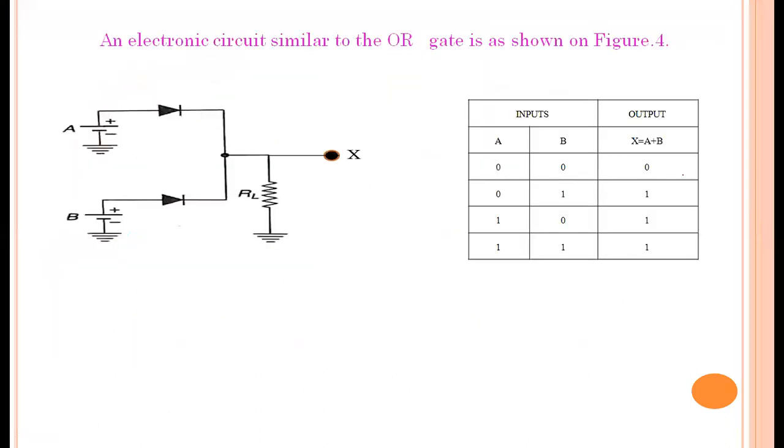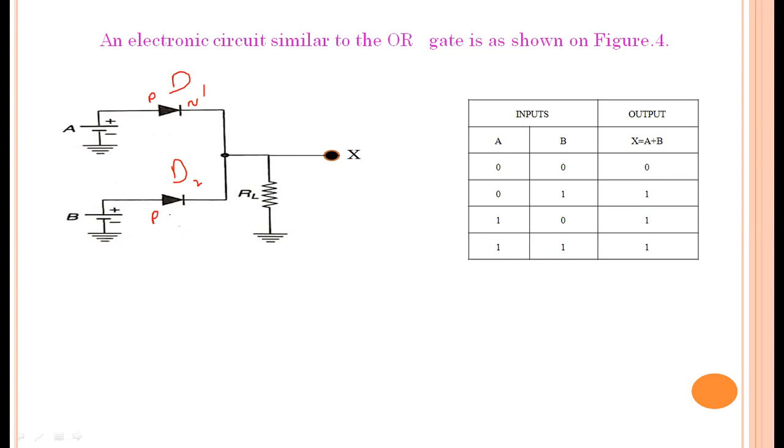Similarly, we can construct an electronic equivalent circuit of the OR gate by using two junction diodes. This is junction diode D1 and this is junction diode D2. We know this is a p-type semiconductor. This is n-type semiconductor. Here also, this is the junction diode D2.